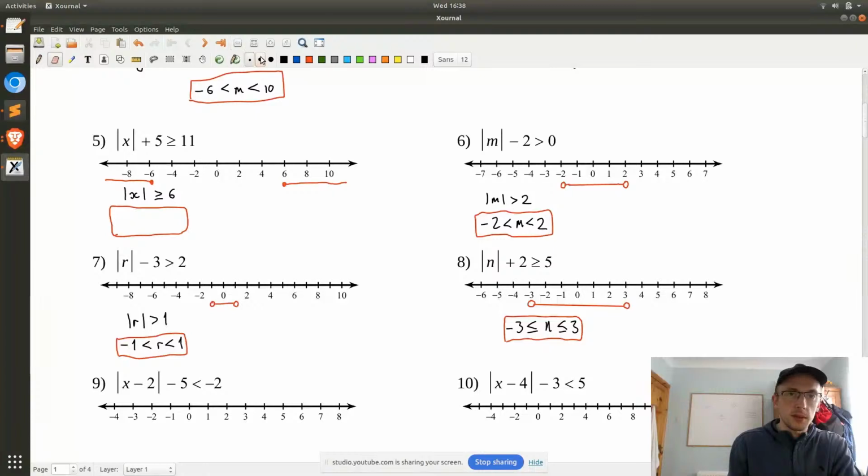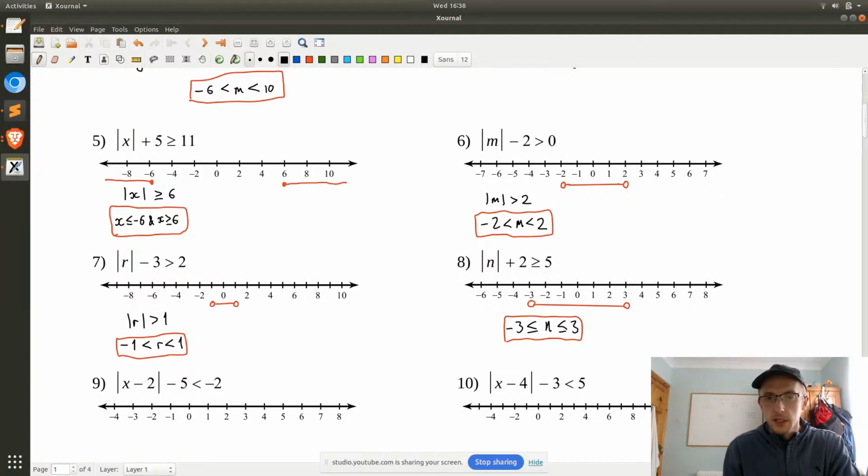But how to write this? Right, x is less than or equal to -6, and x is greater than or equal to 6. Let's see this one.